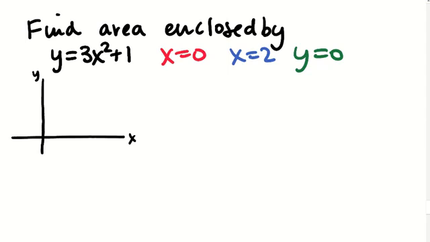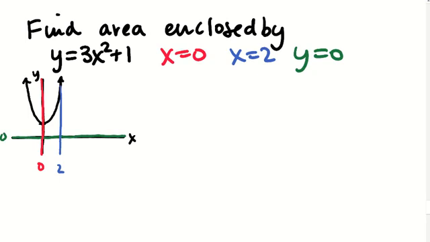Well, there's 1. 3x squared is pretty steep. Here we go. x equals 0. That is right here. It's the y-axis. x equals 2, I'll just make that maybe right here. And y equals 0. That's over here. That's the x-axis.